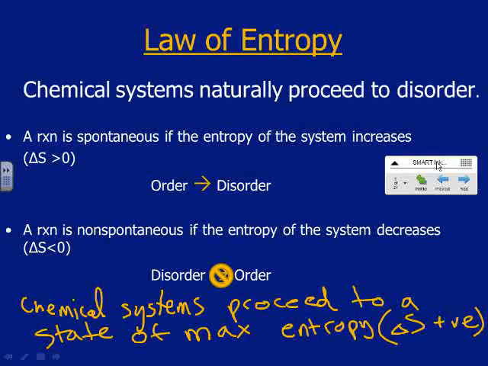And as you can imagine, there are going to be three types of situations we can have. We can have the enthalpy go down and the entropy go up, spontaneous. We can have the opposite, the entropy go down and the enthalpy go up, non-spontaneous. The universe doesn't like that. But then we've got two intermediate situations.